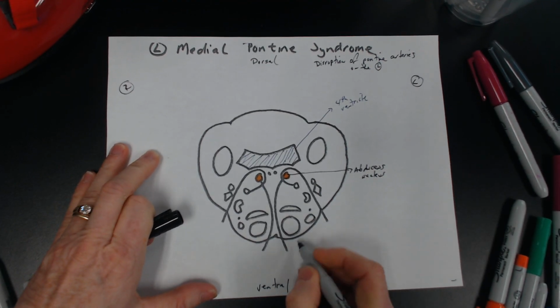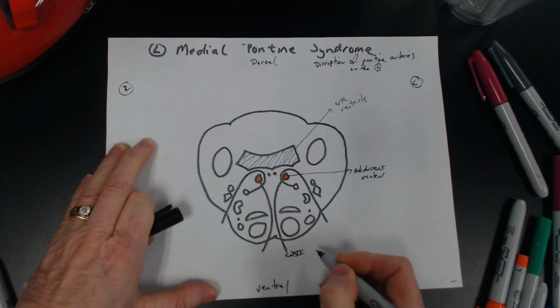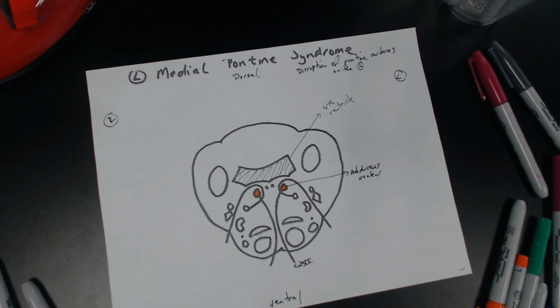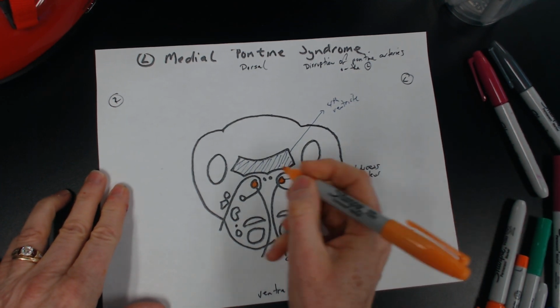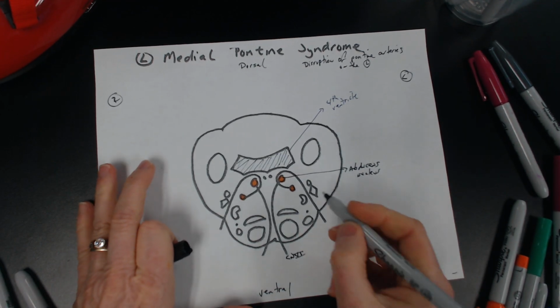And that makes this cranial nerve 6, which is exiting very medial here in the pons. Just a little bit lateral to the cranial nerve 6 nucleus is cranial nerve 7. This is going to be your facial nucleus.